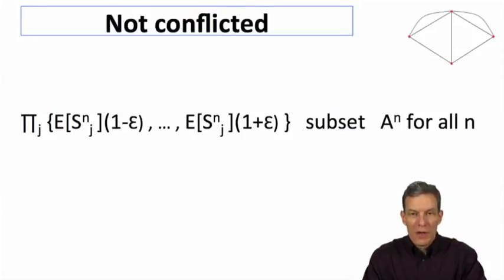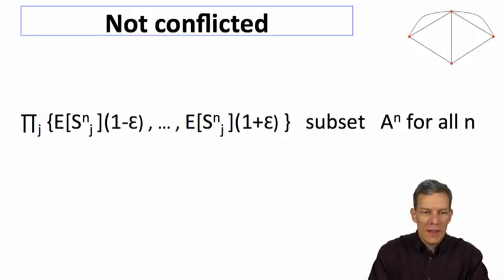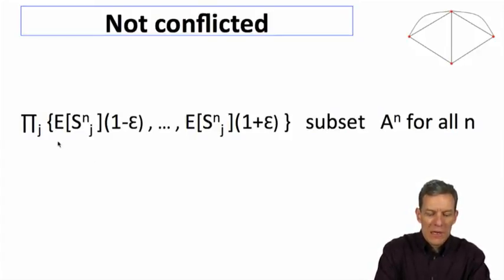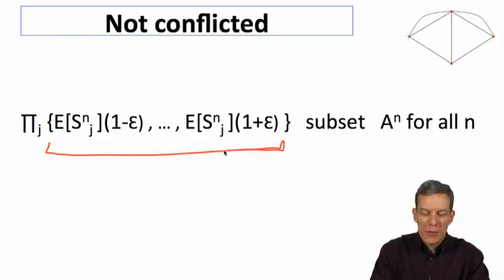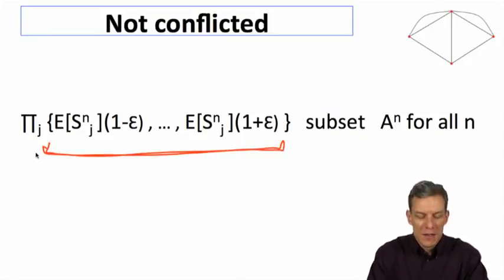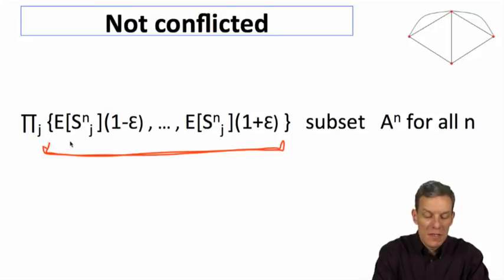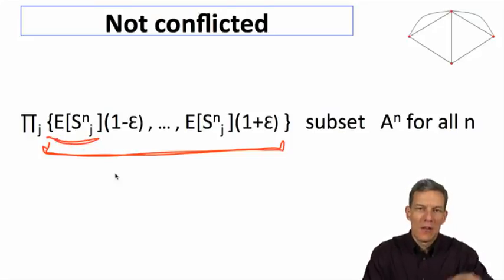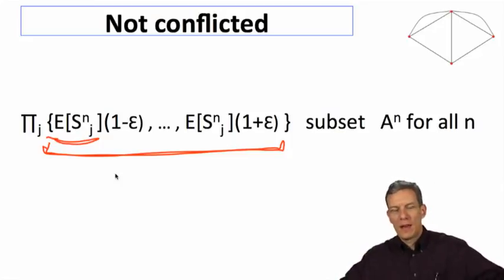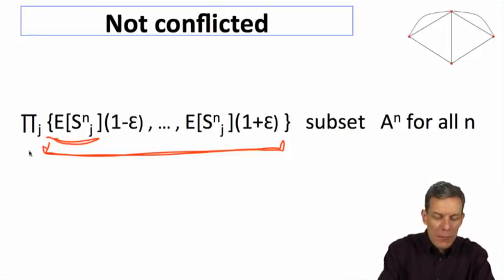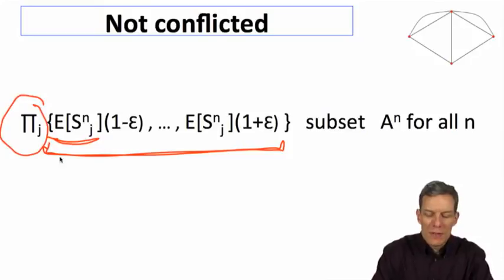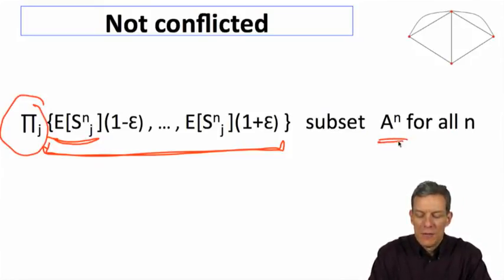Now we're going to put in a condition which we'll call not conflicted. So we'll say that a particular SERGM is not conflicted if, when you look at some range of possible values that a statistic could take, so statistic j has some expectation, and we go epsilon minus about that and epsilon plus, the product of those ranges across different statistics is feasible.